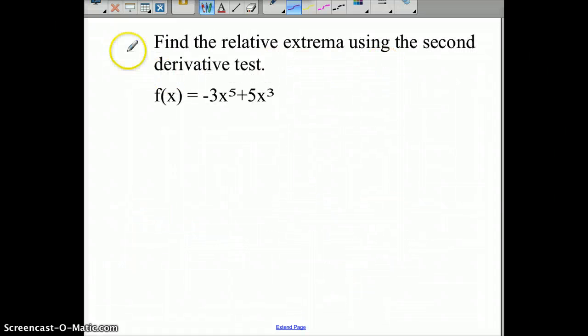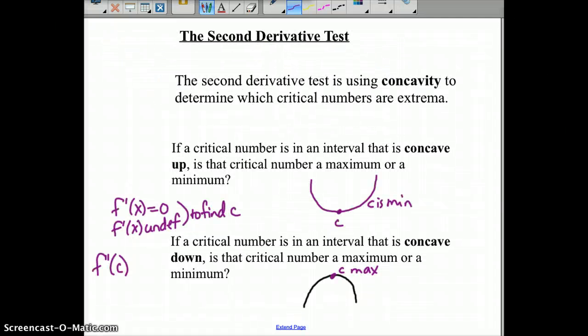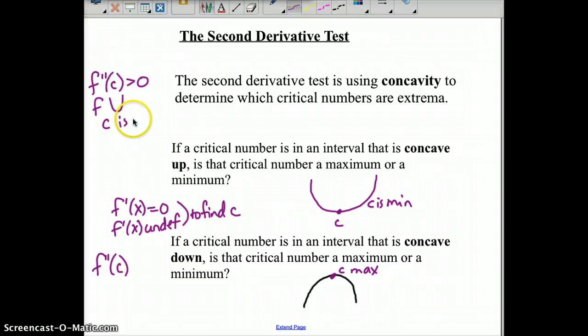If the second derivative is positive when we plug in our critical number, that tells us that the function itself is concave up. Then C is a minimum.